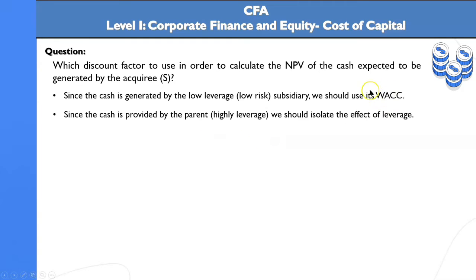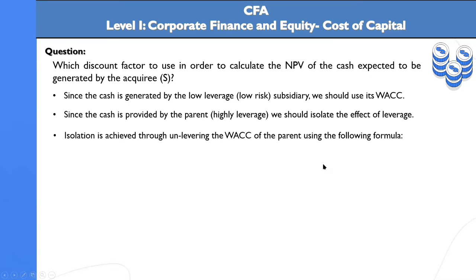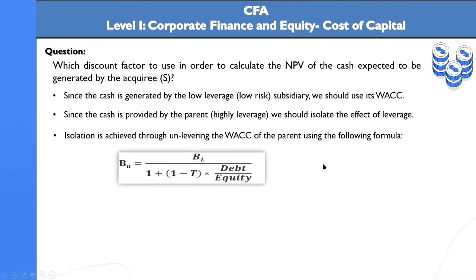So which weighted average cost of capital are we going to use to discount these future cash flows expected from the subsidiary, so that we get the net present value of the subsidiary and then offer that price to the owner of the subsidiary and tell them that we are willing to buy it according to the net present value calculation? We need to use a formula first to delever, or to remove the leverage of the parent.